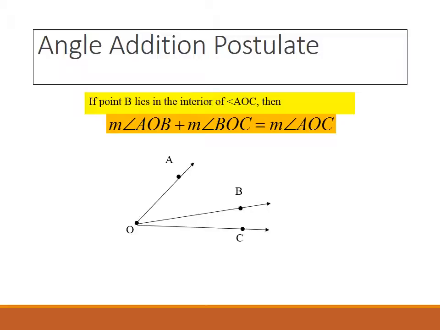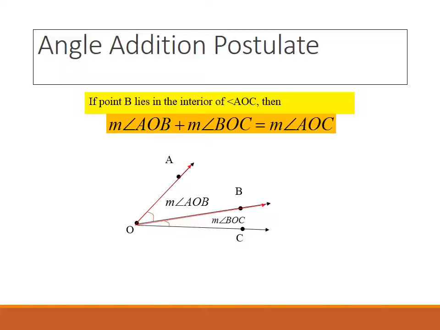So let's first look at angle AOB. So measurement angle AOB is represented by the red rays there and that little arc that I have drawn. The other one is measurement angle BOC, and that also is represented by another arc.